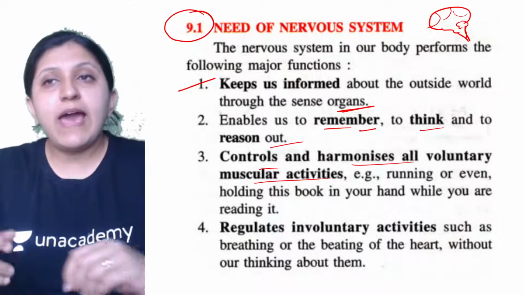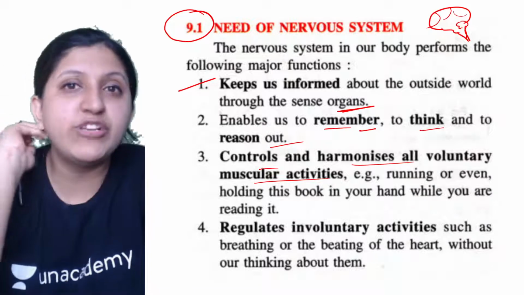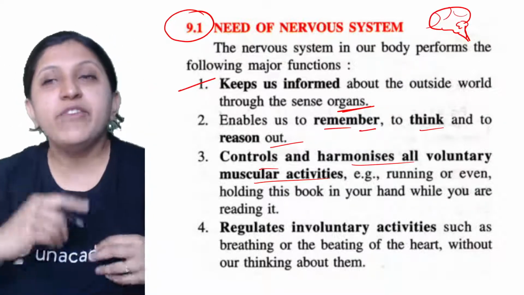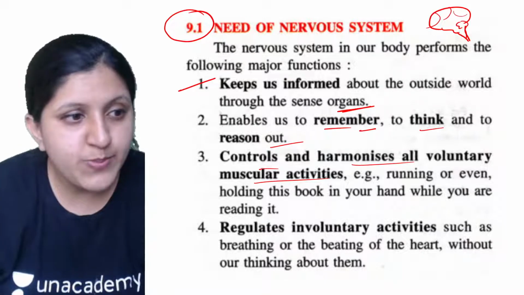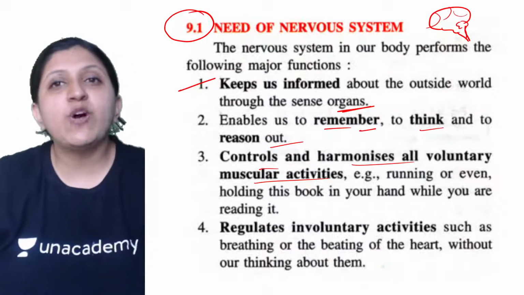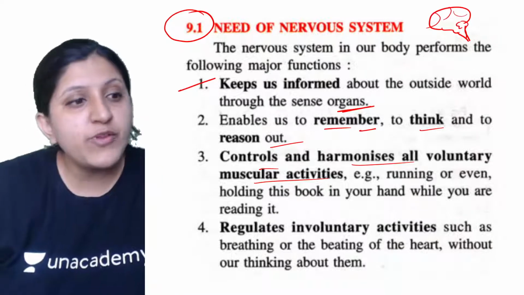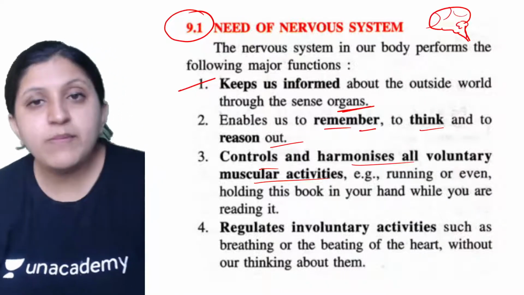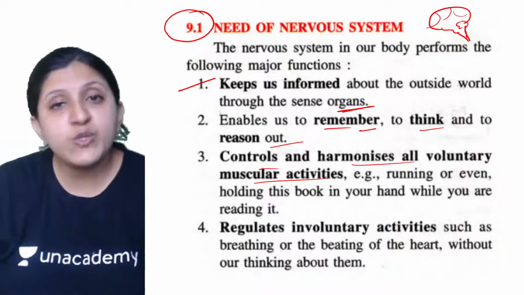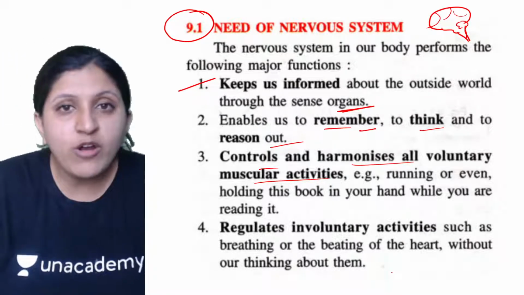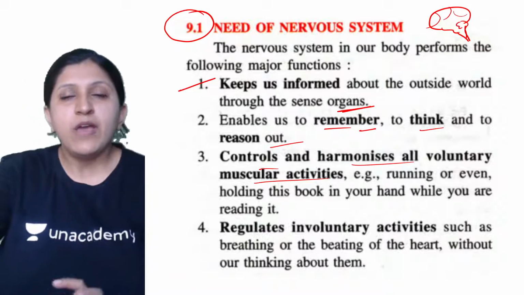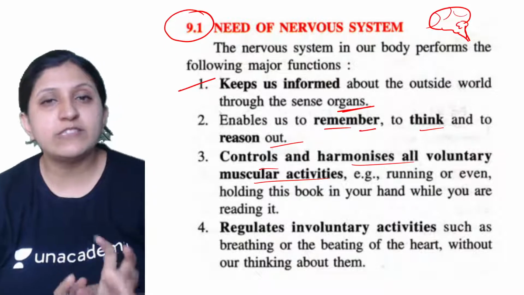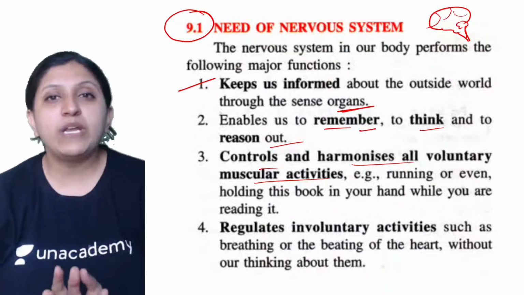Then it controls and harmonizes all voluntary muscular activities. Among the different muscular activities, the cerebellum is responsible for the muscle coordination that occurs. I am able to sit in this particular position now because there is coordination between my abdominal muscles and leg muscles. If there is no coordination, I cannot sit, because there could be a twisting of a muscle, and you cannot move in a particular direction.